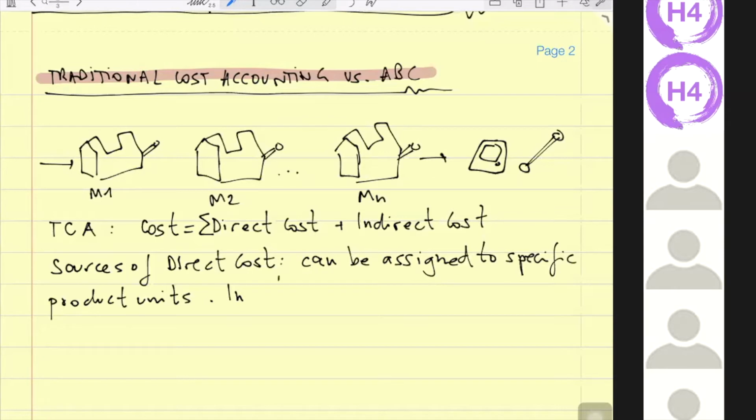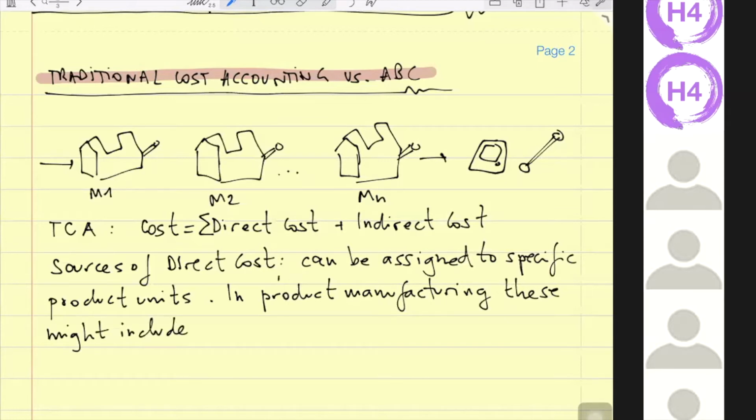In product manufacturing, these might include direct materials and direct labor cost.